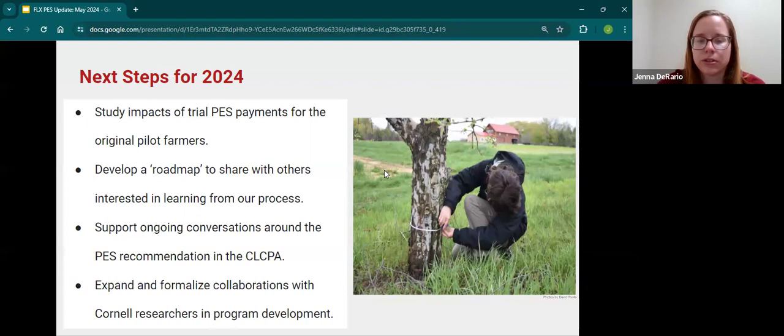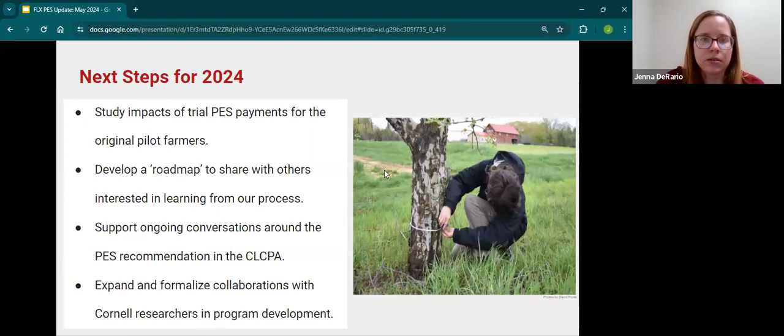And we're also looking to expand some of the collaborations that we've been doing with researchers specifically at Cornell. We've been working with the Cornell Soil Health Lab and having conversations with economists and hydrologists on campus.